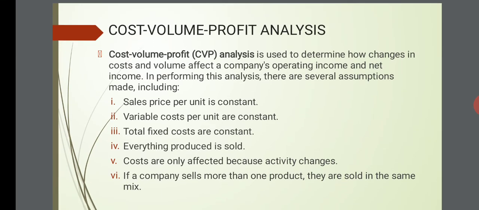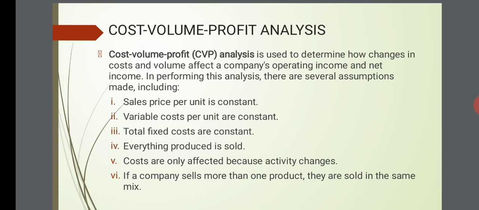Sales minus variable cost is equal to contribution, minus fixed cost is equal to EBIT. Sales is the number of units sold into selling price per unit. Variable cost is the cost which varies per unit. For example, if 1 unit costs 6 rupees, then 2 units will be 12 rupees, 3 units will be 18 rupees.